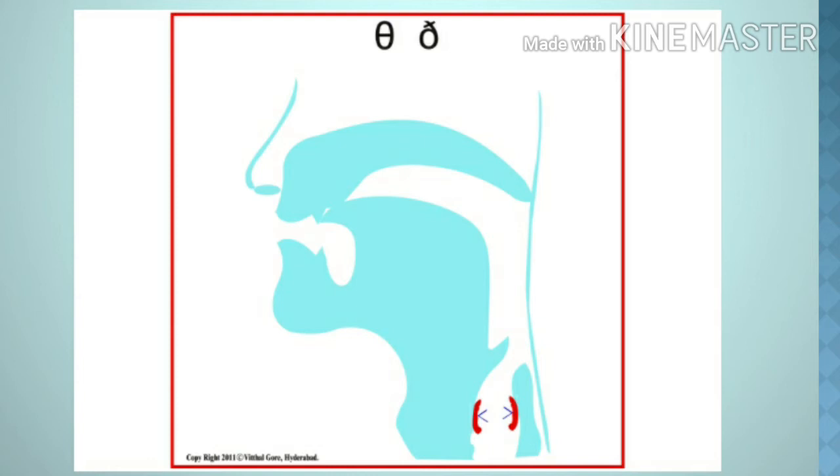When the air coming from the lungs is stopped in the mouth cavity and the closure is released, there is considerable friction in the air, and then the production of th and the takes place. Th is a voiceless dental fricative consonant sound, whereas the is a voiced dental fricative consonant sound.